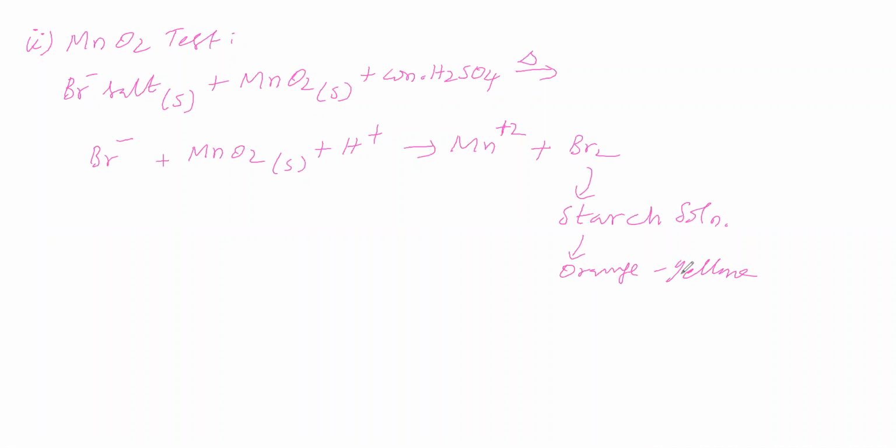Okay. Next, in the bromide, next test we will see, that is chlorine water test. For this, we are taking sodium carbonate extract. The sodium carbonate extract contains the given anion Br minus and carbonate.